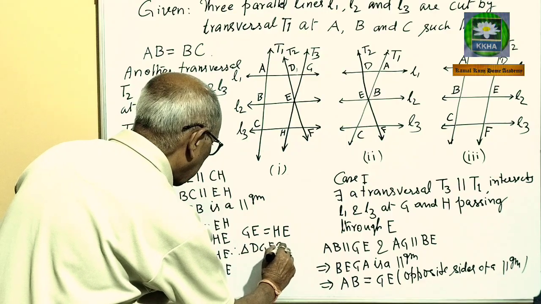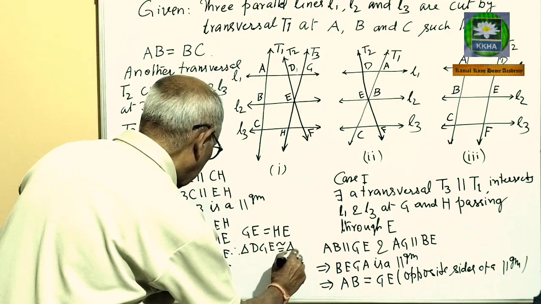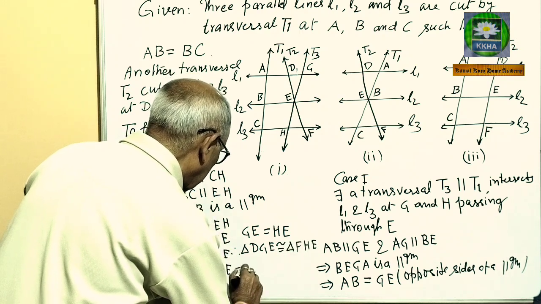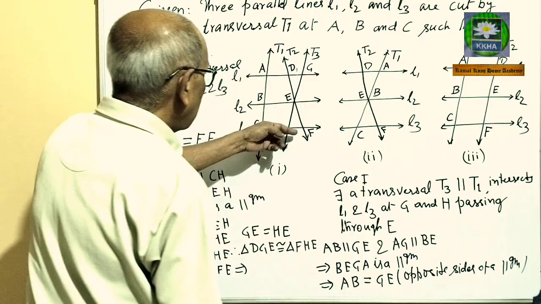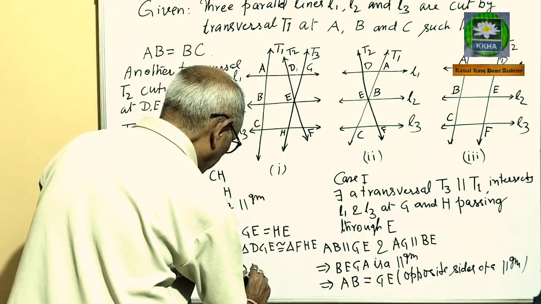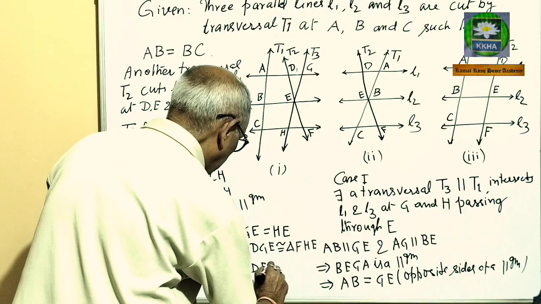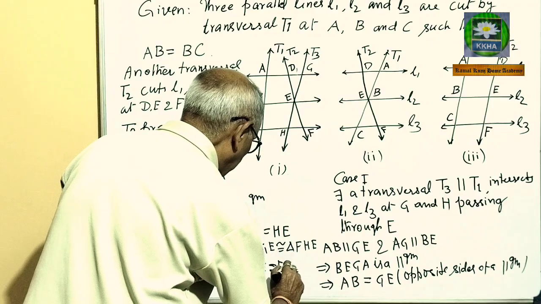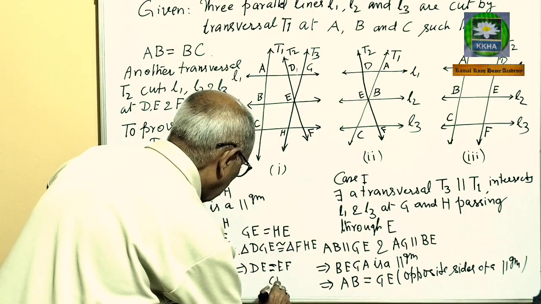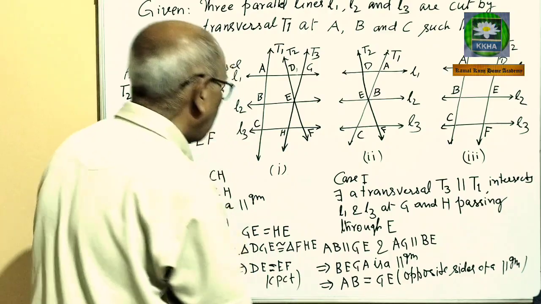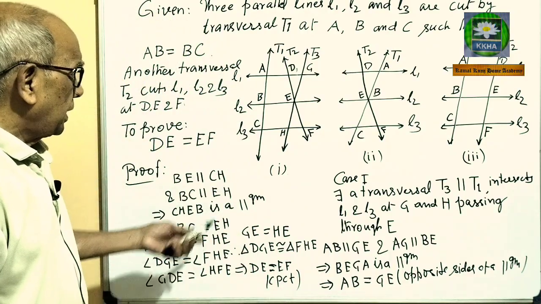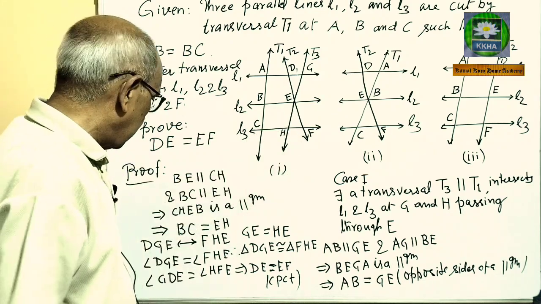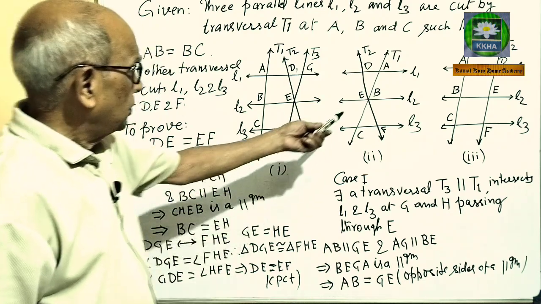This implies that DE equal to EF, corresponding parts of congruent triangles. So case 1 is proved. Now case 2.